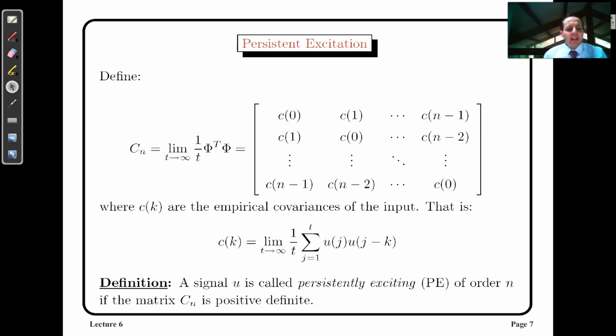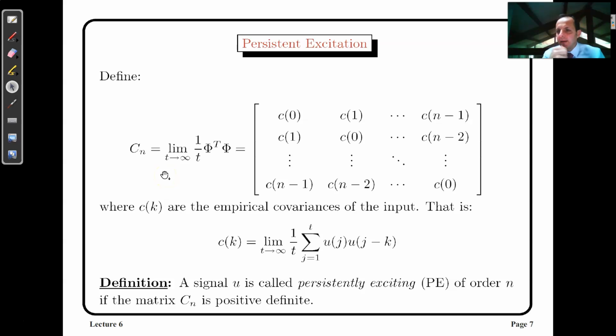The persistent excitation condition was based, as you remember, on this empirical covariance matrix. We recast this problem, so this matrix, as you remember, was linked to the existence condition of the least squares solution.